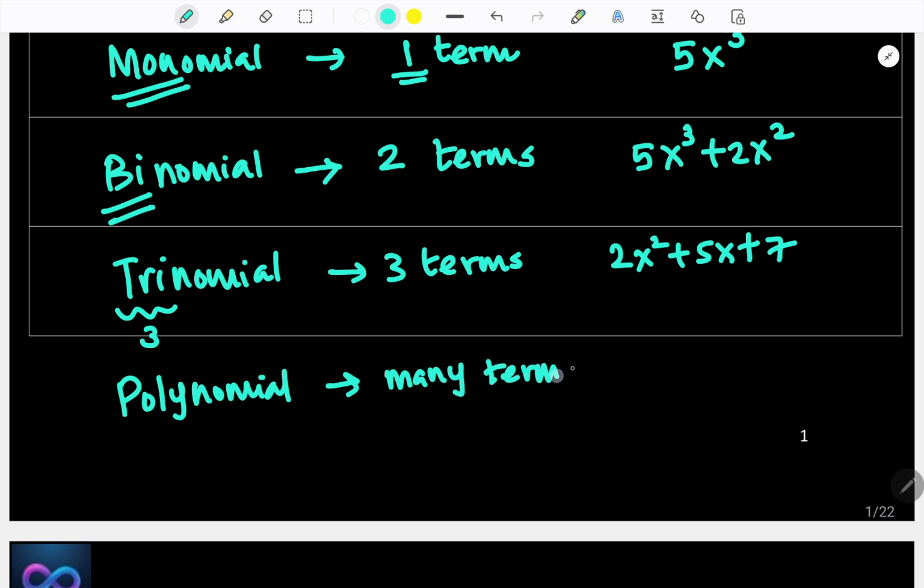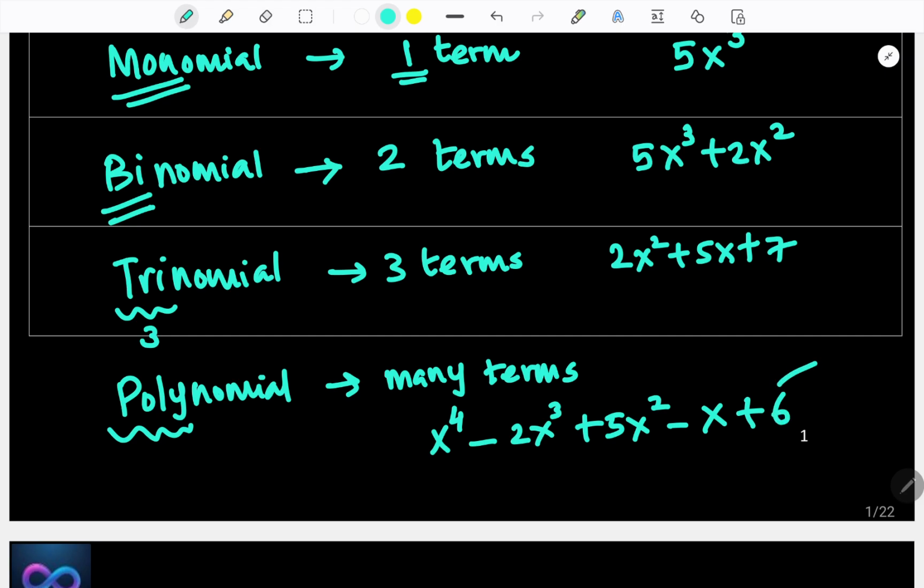Poly means many. Have you seen this one? Some clinics, they call it a polyclinic. Polyclinic means they treat all the problems in the beginning stage. So that's why we call it a polyclinic. So polynomial means many terms. For example, x power 4 minus 2x cube plus 5x squared minus x plus 6. So these are all called polynomials, right?